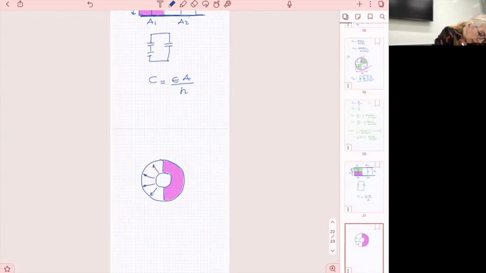If you have an air dielectric interface, the tangential electric field is continuous. So the electric field is going to be like this everywhere. It's going to be constant.